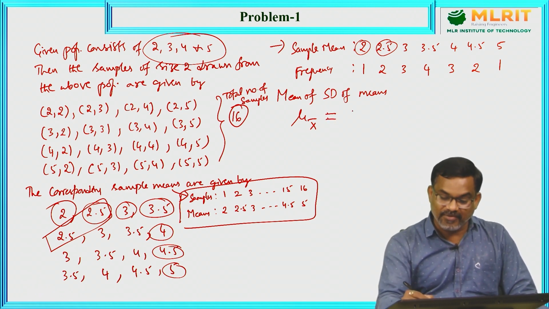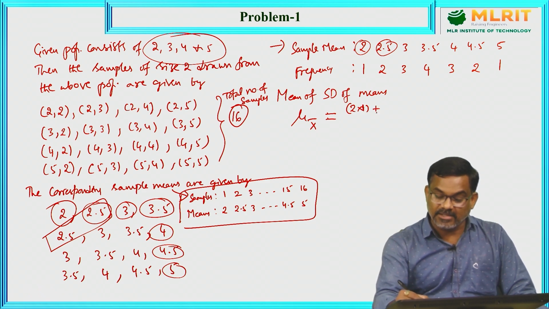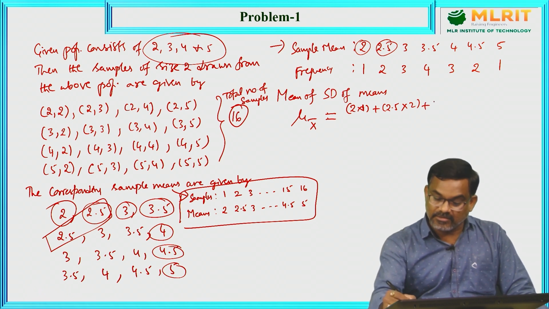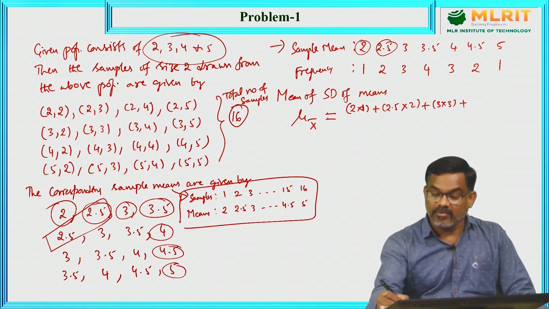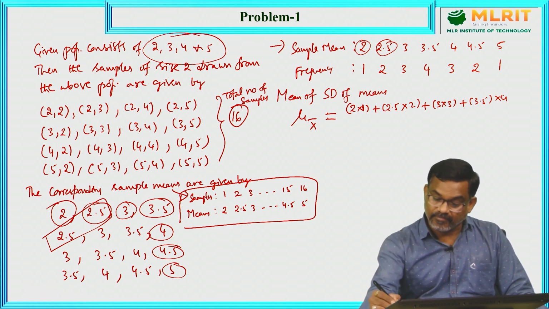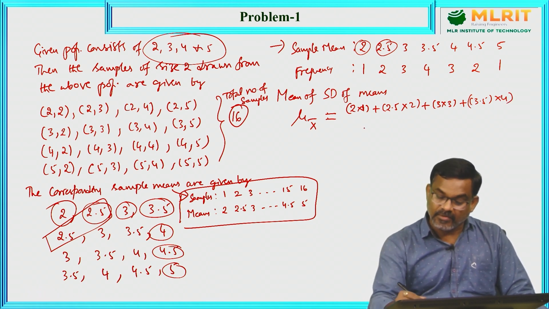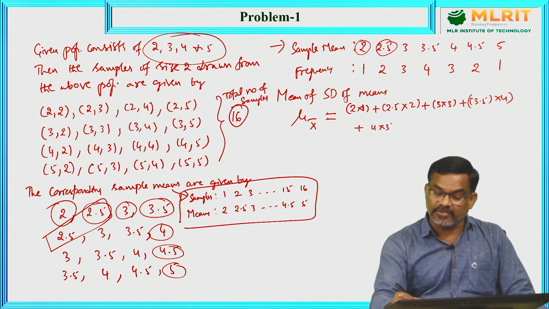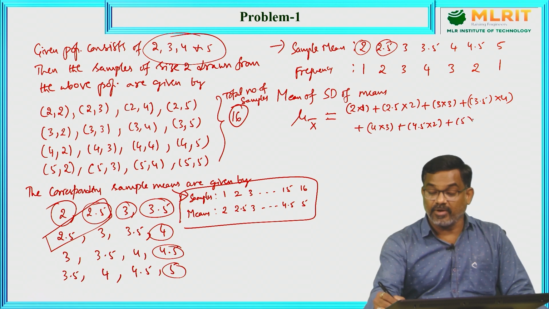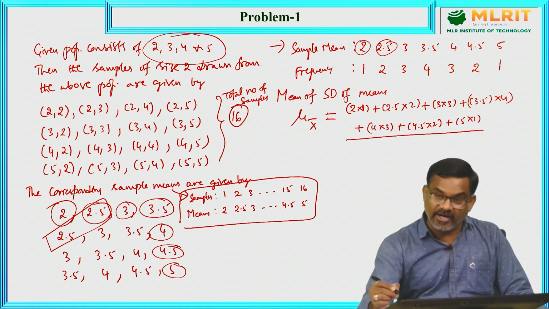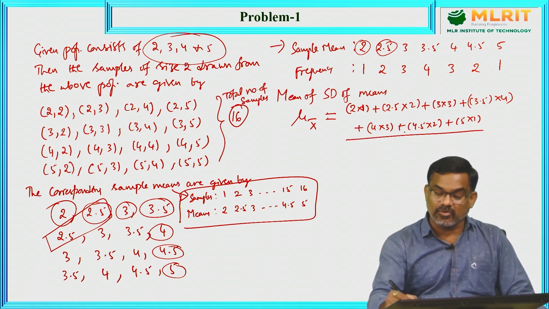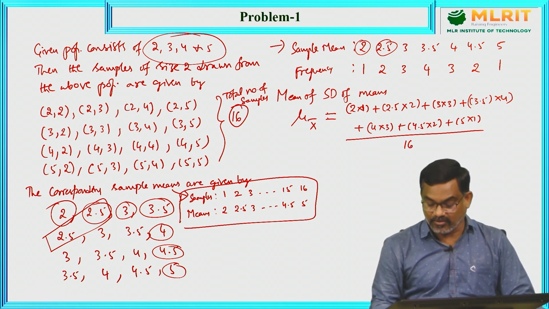Mu x bar is given by 2 into 1 plus 2.5 2 times, next 3 3 times, 3.5 4 times, next plus 4 3 times, 4.5 2 times, plus 5 1 time. This whole divided by the total number of values. Total frequency is 16. There are 16 values.